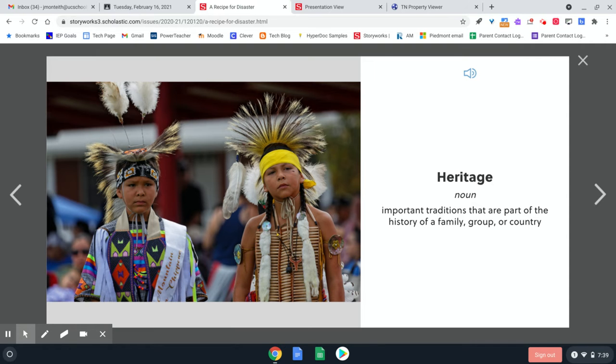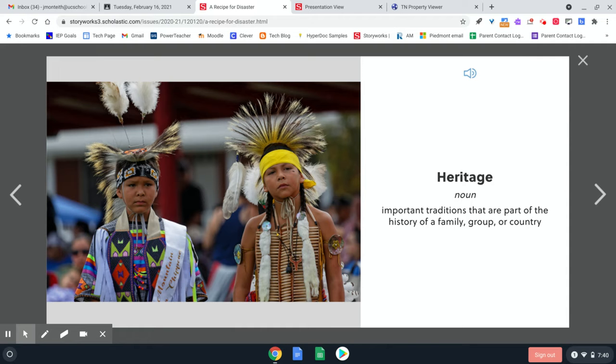Heritage. Everyone has a different heritage. Okay. That's important traditions that are part of your family or country. So your family may have a heritage that is different than mine. Maybe you have Native Americans in your heritage. Maybe some of your ancestors were Native Americans and you still celebrate that.